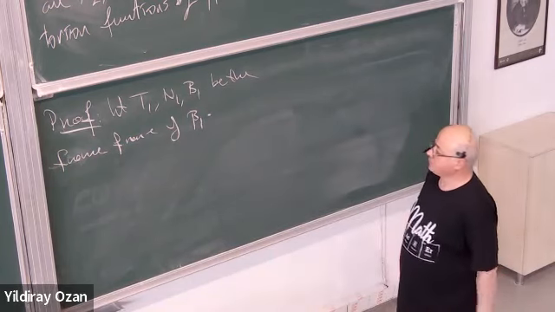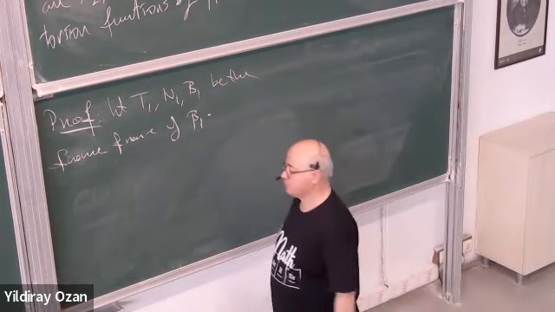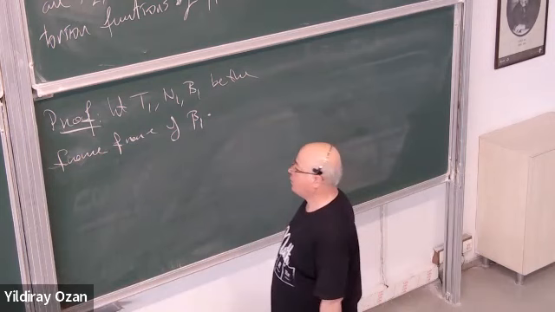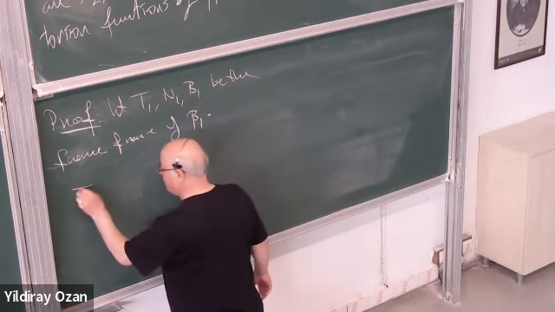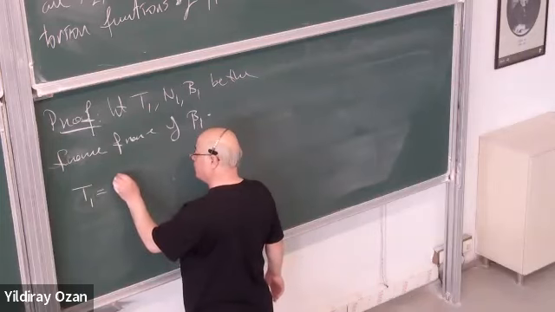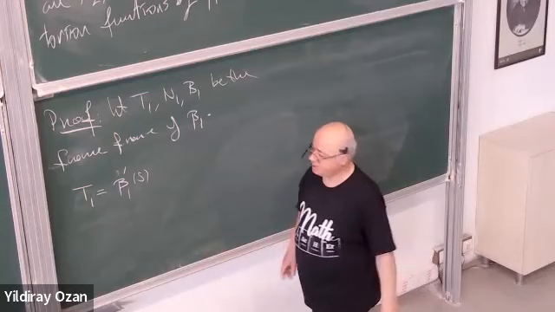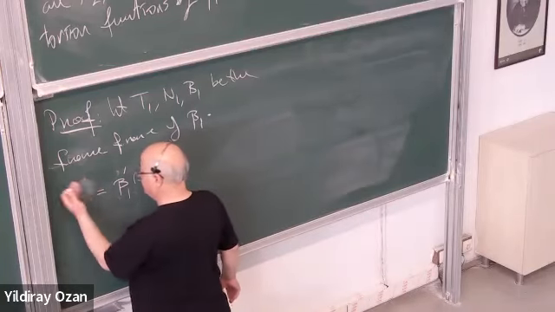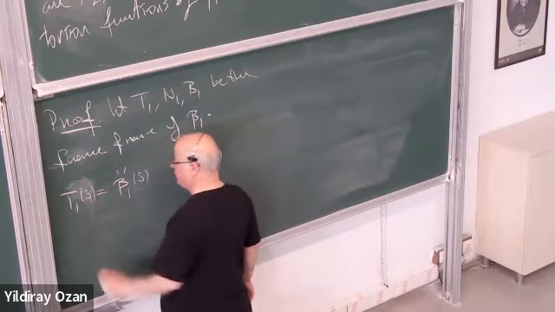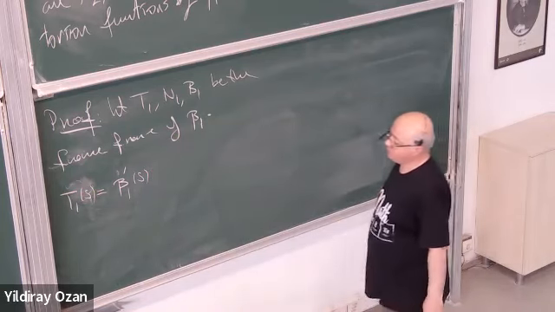Then, okay, so what is T1? T1 is just beta 1 derivative, right? Since it is unit speed, T1 of s is just this.